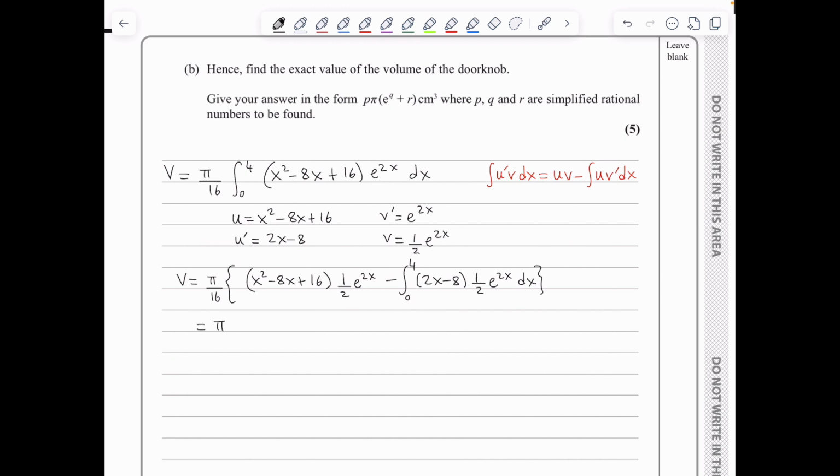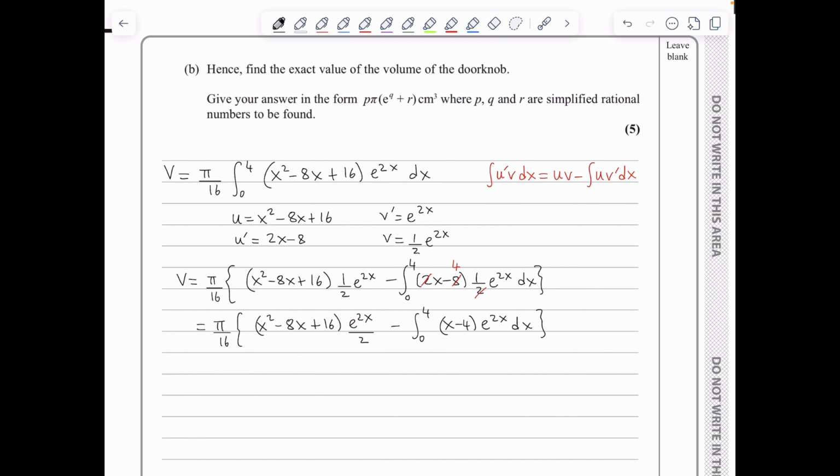We're looking at pi over 16. We've got x squared minus 8x plus 16 times e to the 2x over 2, and then the over 2 within the integral with the 2x minus 8 will leave me x minus 4, so it's minus the integral from 0 up to 4 of x minus 4 times e to the 2x dx.